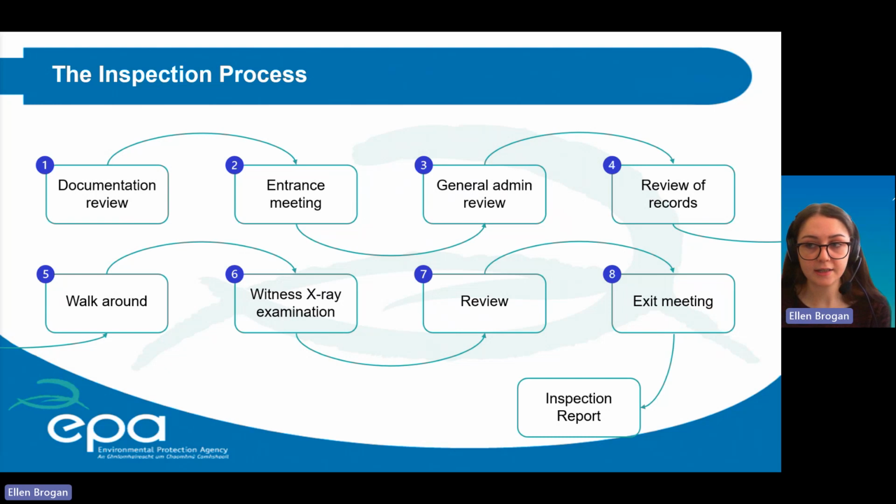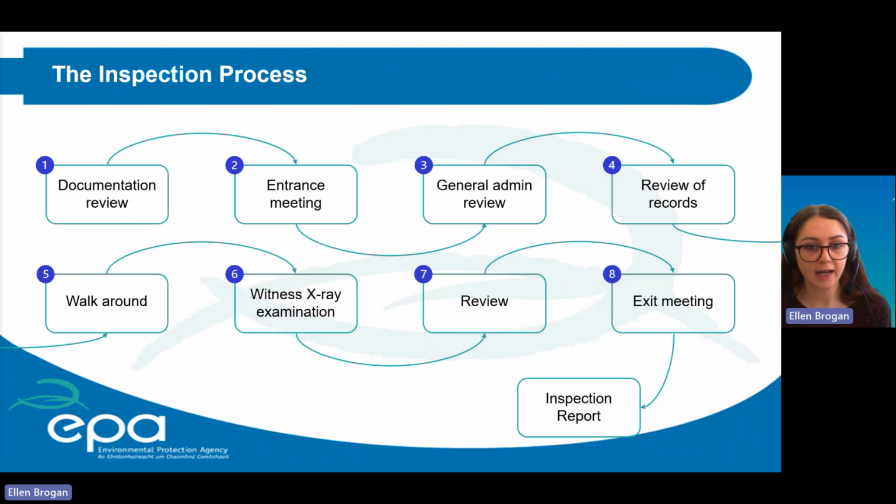So the inspection process then, and this will start, if it's announced, as I said, with the inspector reviewing any documentation that has been requested and received, in advance of the inspection date. All documentation and records must be retained as evidence of compliance with the regulations, the code of practice, and the authorization conditions.